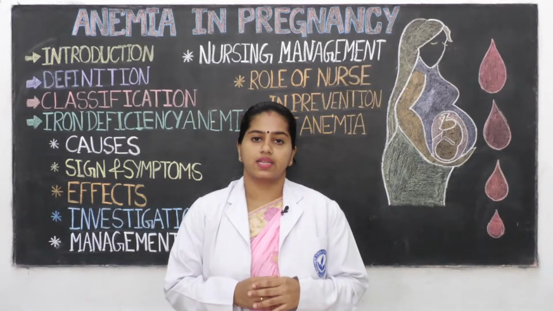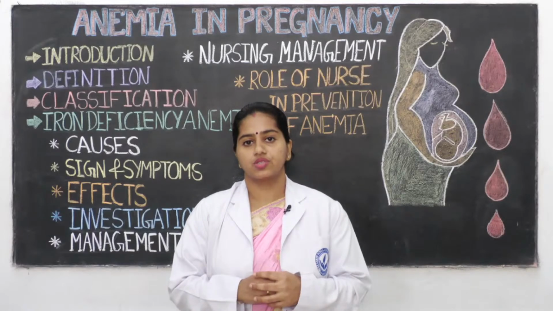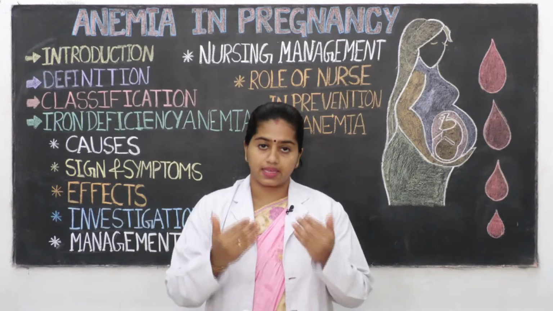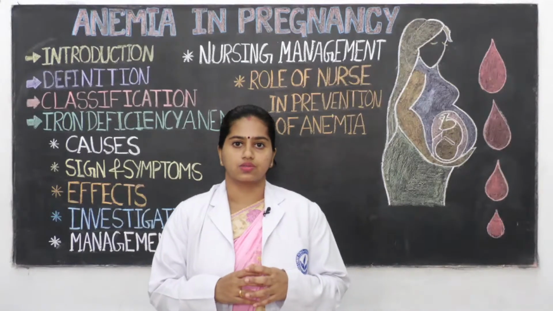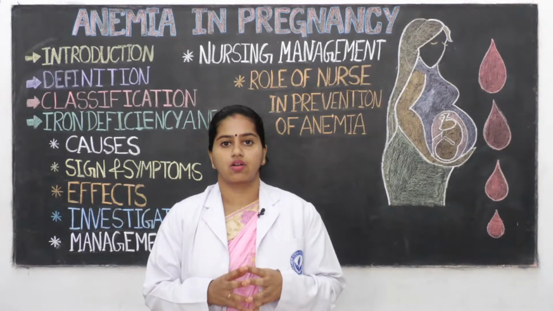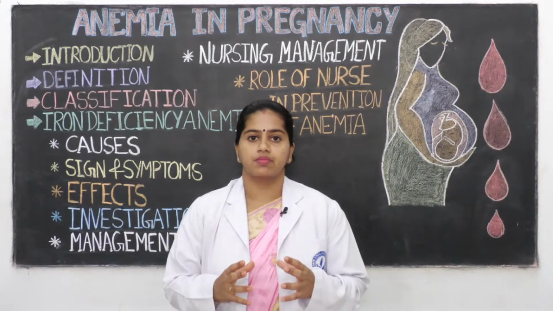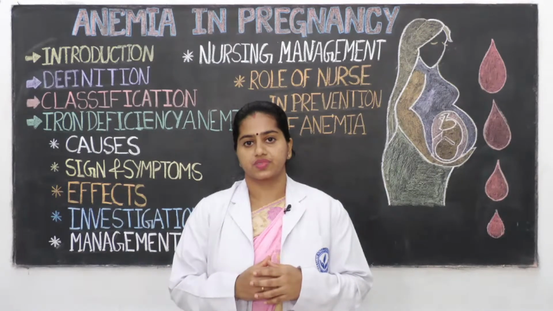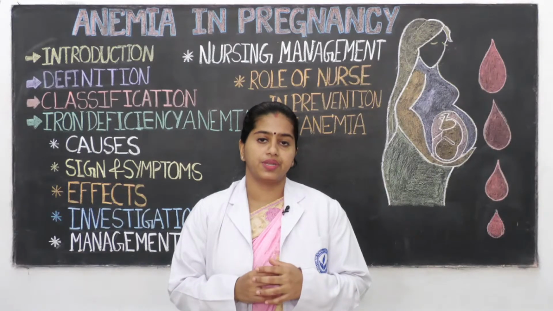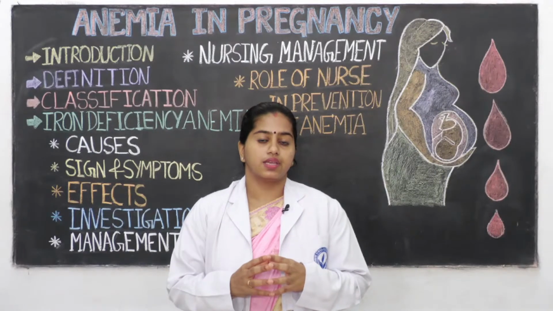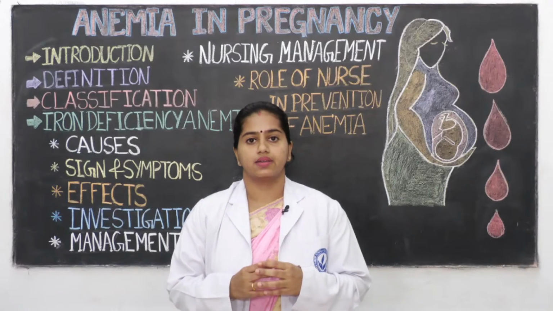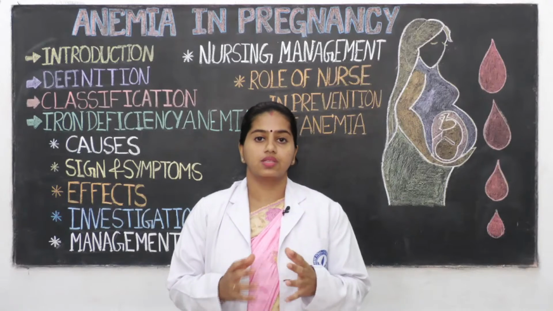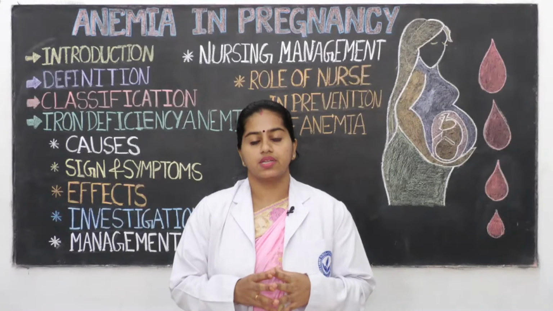The third cause is decreased absorption of iron. They are taking iron in their diet, but the absorption is faulty. Iron is mainly absorbed in the intestine, the jejunum and duodenum. If they do not take iron properly, they will have diminished absorption.